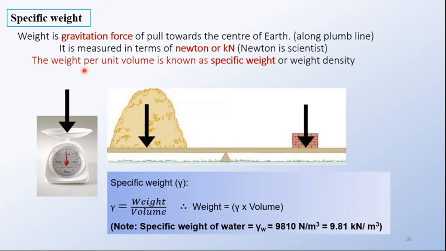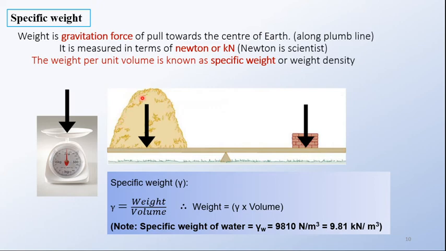Now, the weight per unit volume is known as specific weight or weight density. Now, when you place a substance over here, this measures the weight of an object. So, weight is nothing but a force which acts vertically downwards.